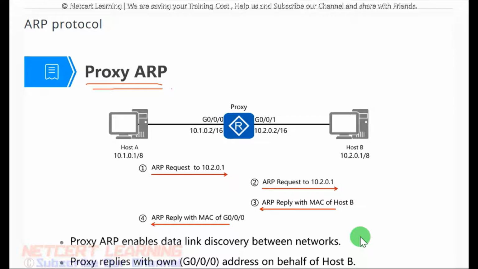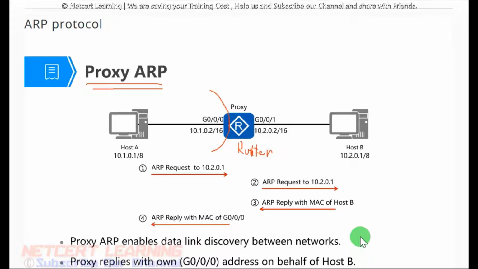The broadcast MAC address only exists inside one LAN, only in a layer 2 network. So the router will not forward the ARP request.